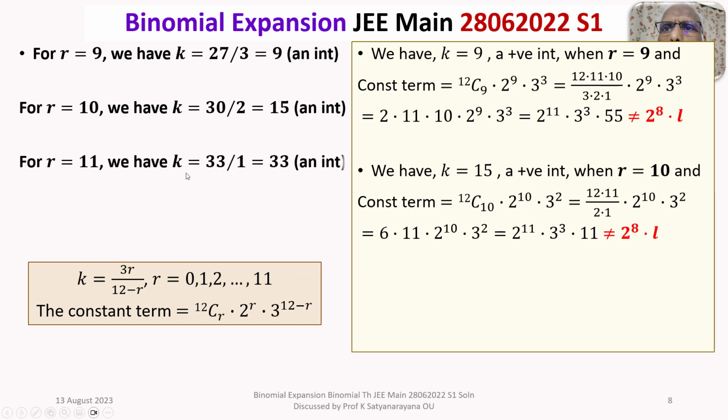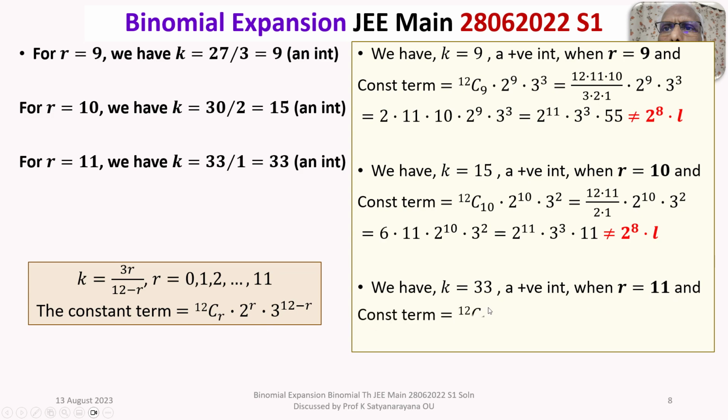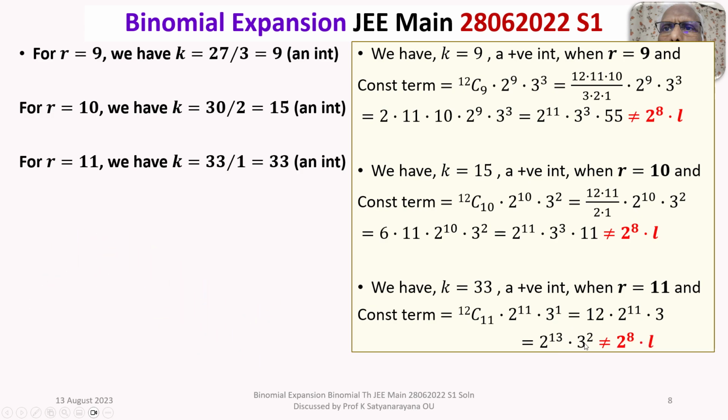For r is equal to 11, k is equal to 33 by 1, that is 33, which is a positive integer. So for r is equal to 11, substitute in the constant term, you will get 12C11, 2 power 11 into 3 power 1, and when you simplify, it will be 2 power 13 into 3 square, where 3 square is an odd integer, but it is not of the form 2 power 8 into L. Therefore, this k is not our candidate.